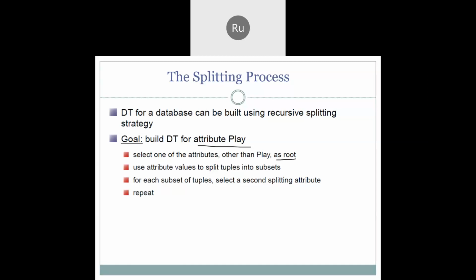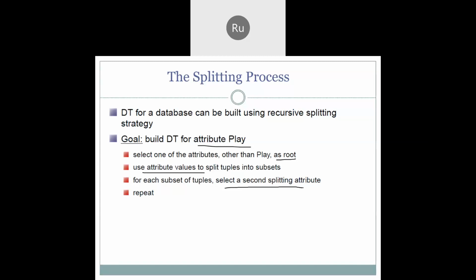Okay, so we use the attribute value to split them into subsets. Okay, for each subset of tuples, we select the second splitting attribute, if necessary. If all the samples in that particular subset belong to one class, then we don't need to proceed.